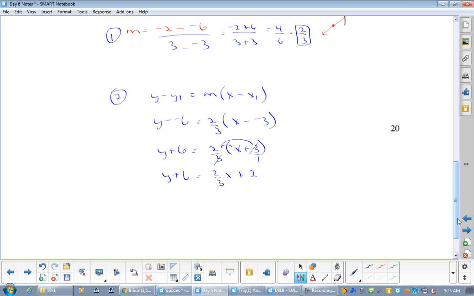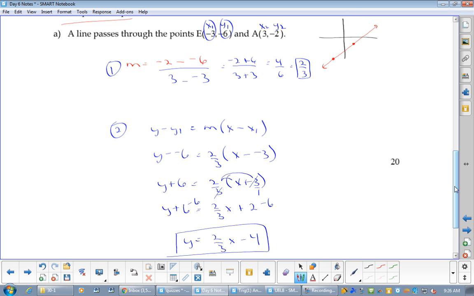Then what I want to do, minus 6 to both sides, y equals 2/3 x minus 4. And does that make sense with the picture? That my y-intercept would be minus 4. Looks reasonable.